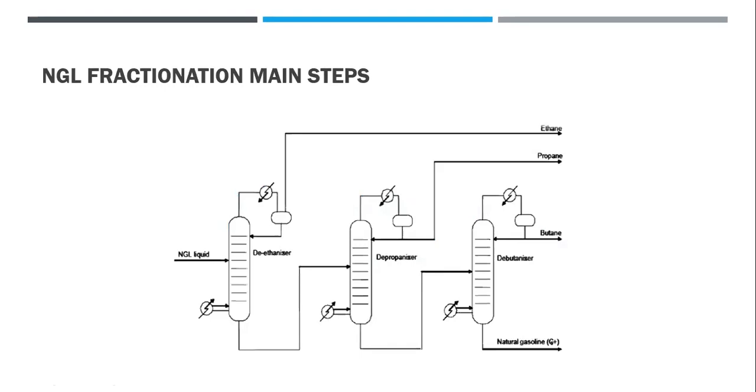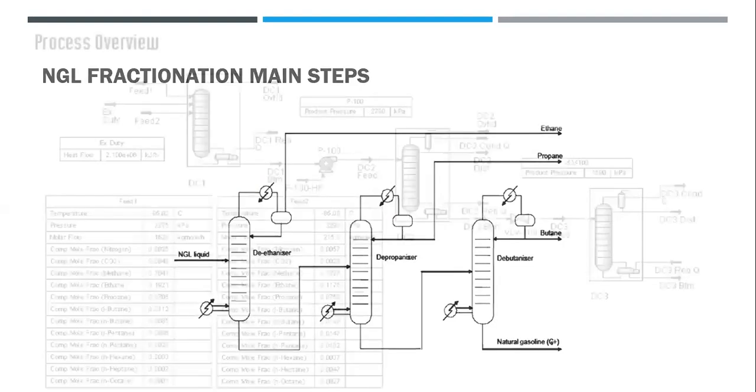From the de-propanizer, we can recover propane and LPG, and from the top we obtain C4 plus. C4 plus is introduced to the de-butanizer to obtain butane from the overhead and C5 plus from the bottom. It's just a very simple figure.